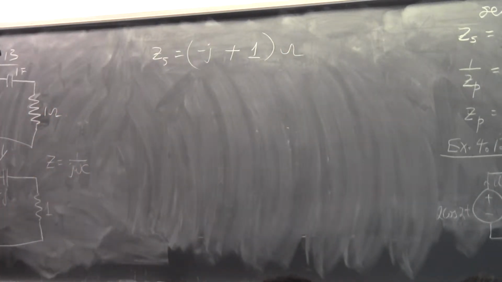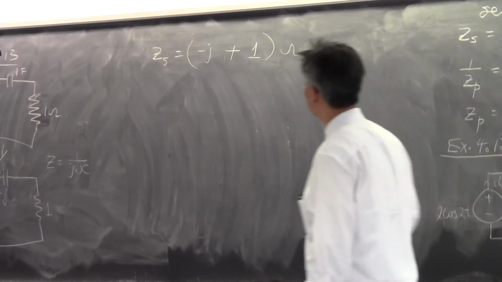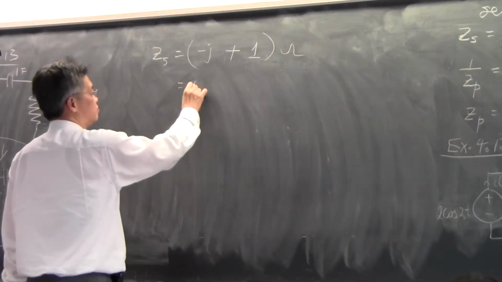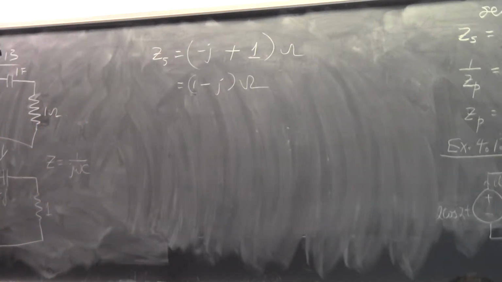This number is neither pure real nor pure imaginary, like what you had encountered before, but this number is a complex number, just like this one also over here. Okay, 1 minus j ohms.